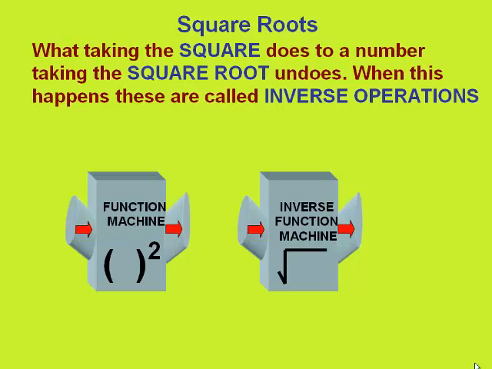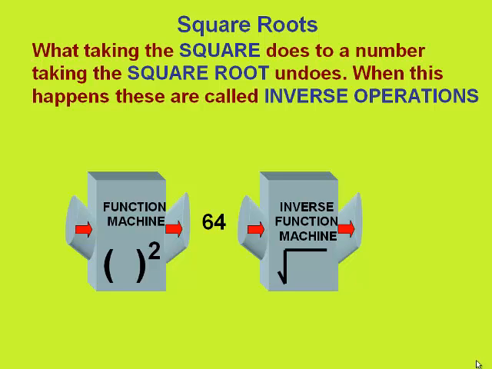What taking the square does to a number, taking the square root undoes. When this happens in math, we call these inverse operations. We'll use 8 as an example here. We will take 8 and first put it through our function that squares it, and we come up with a perfect square of 64.